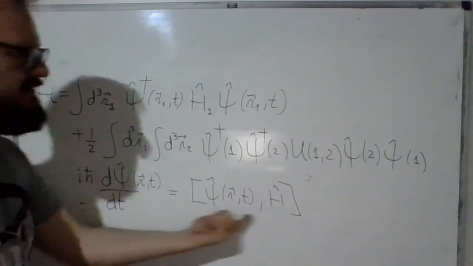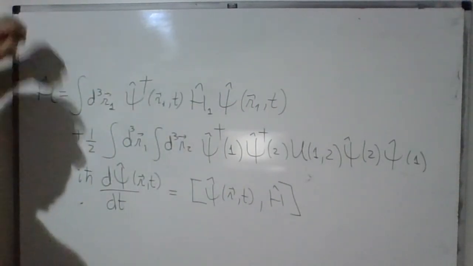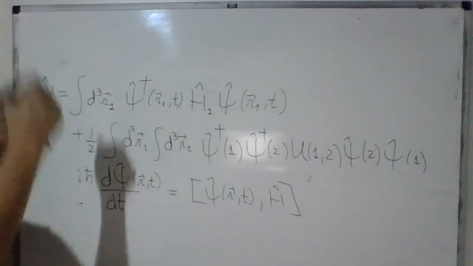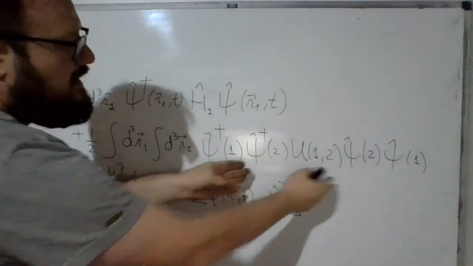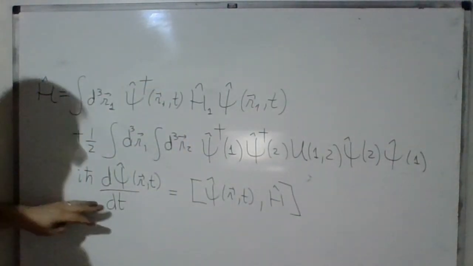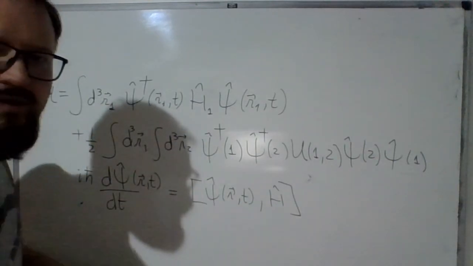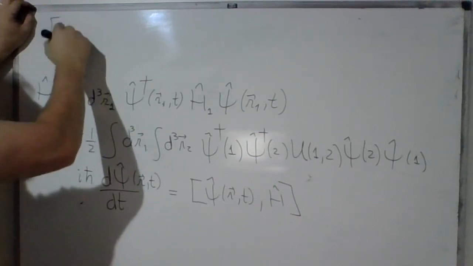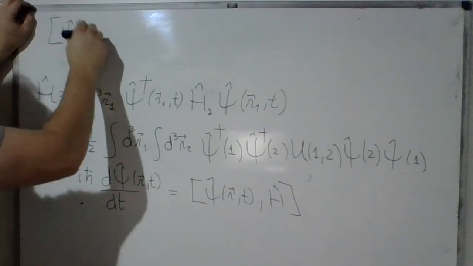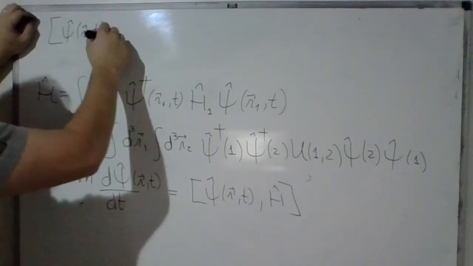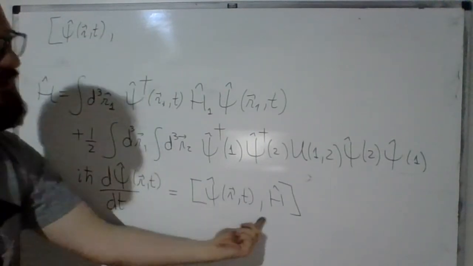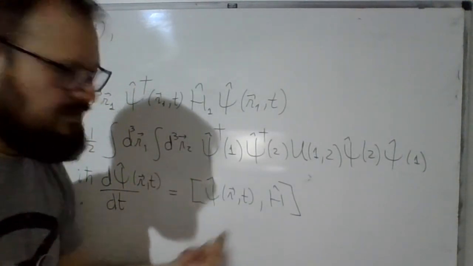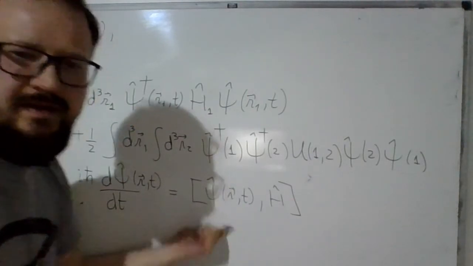So let me calculate the first part first. Of course we need to calculate the second part, but just to show you what happens, we have to calculate the commutator of psi of r at the instant of time t with the Hamiltonian, because it is the right hand side, which is the problem here.